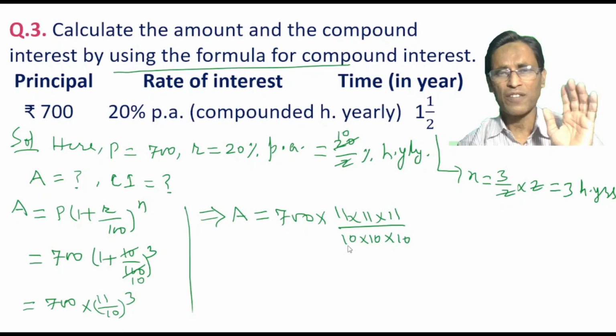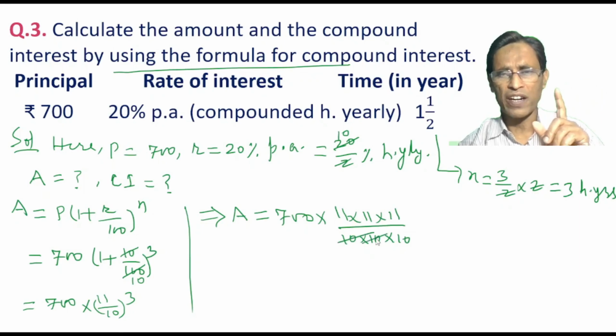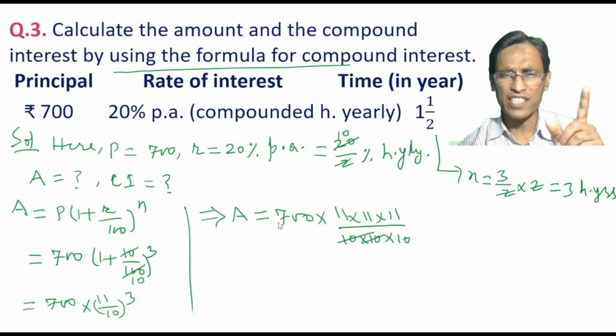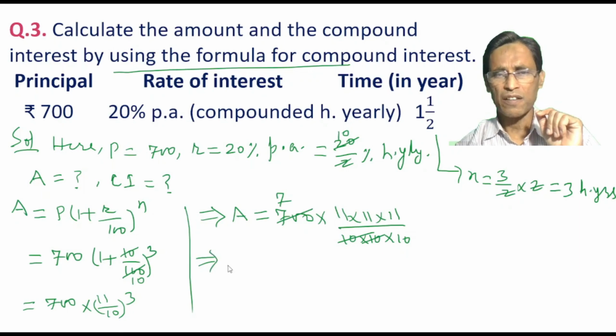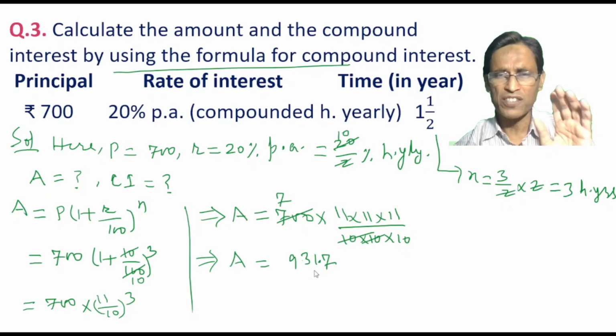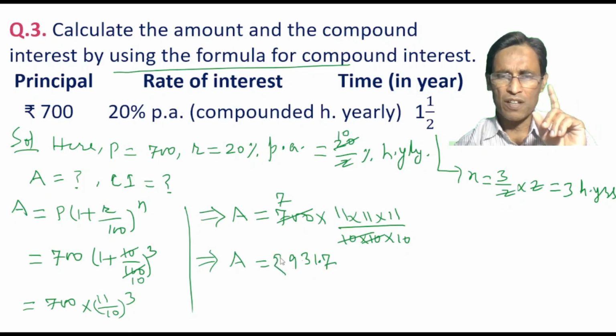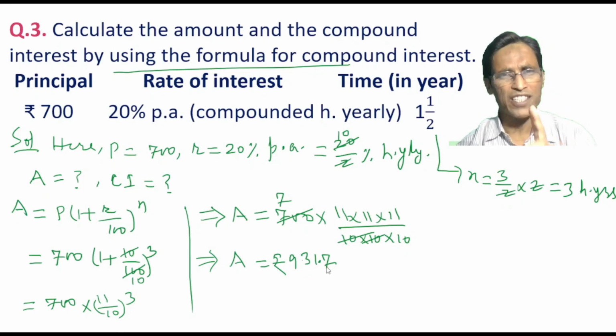By observation, 10 into 10 means 100 can completely divide 700 in 7 times. After this we get the amount A is 931.7, means rupees 931 and 70 paise. This is the amount.